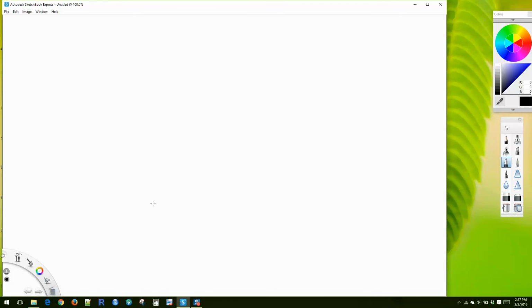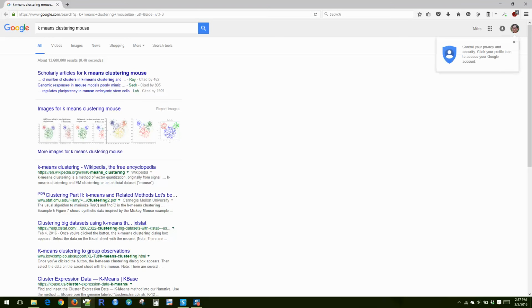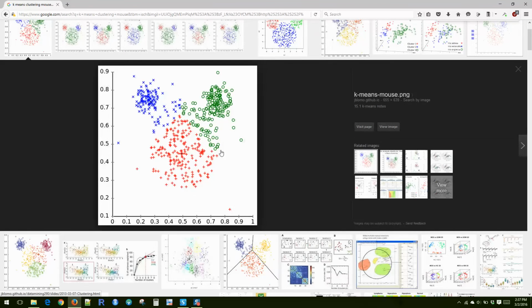So here, the problem with this, I'm sure Wikipedia has a good example, let me see, k-means clustering mouse. Yeah, okay. So this is the problem if you do k-means clustering on data like this.